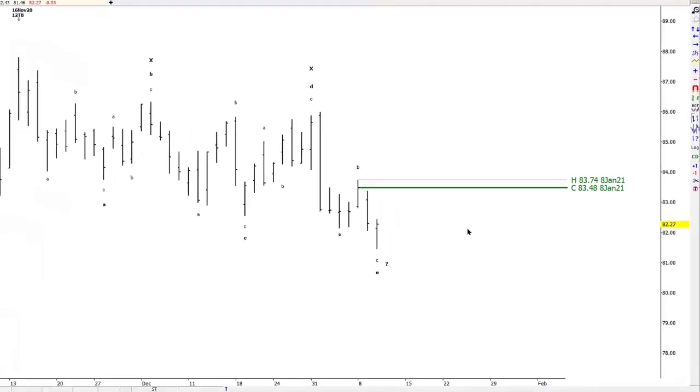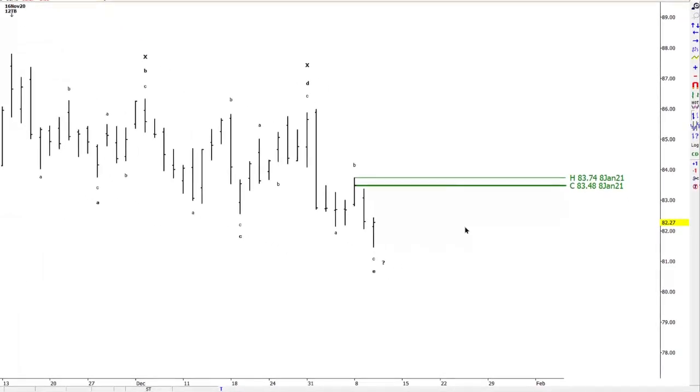One of the things I want to impress upon you is don't get too complicated. Don't get that paralysis of Elliott wave analysis. If we're doing a series of ABCs, then anytime we're finishing up on an ABC, we have the potential to have completed the higher time frame correction.